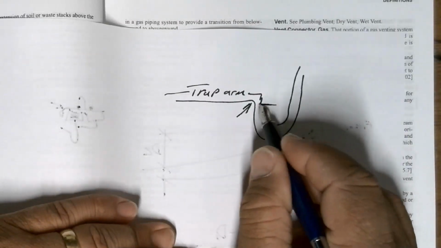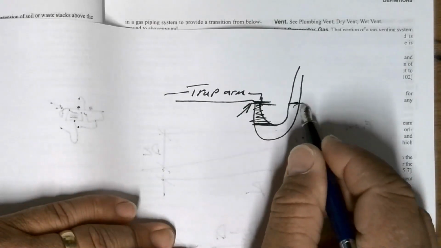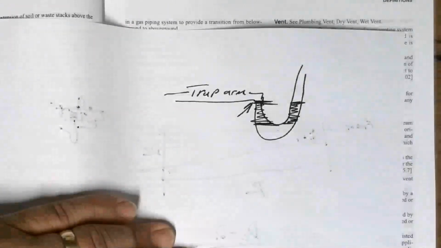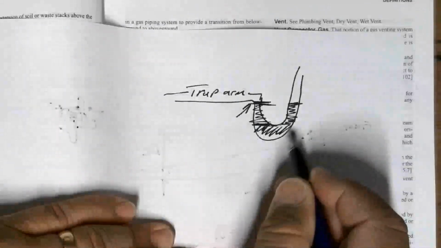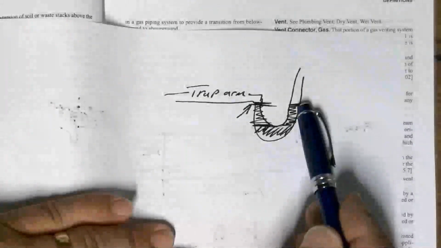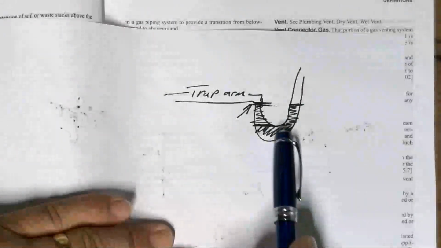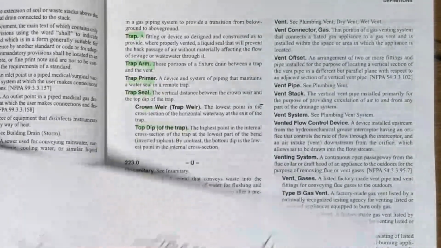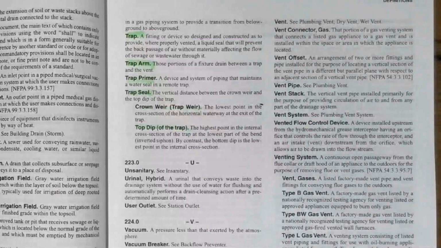Trap seal goes from here to here. There's your trap seal right there. Even though this is all liquid as well, the trap seal is just this part right here, which goes from the crown weir to the top dip of your trap. Top dip of the trap.